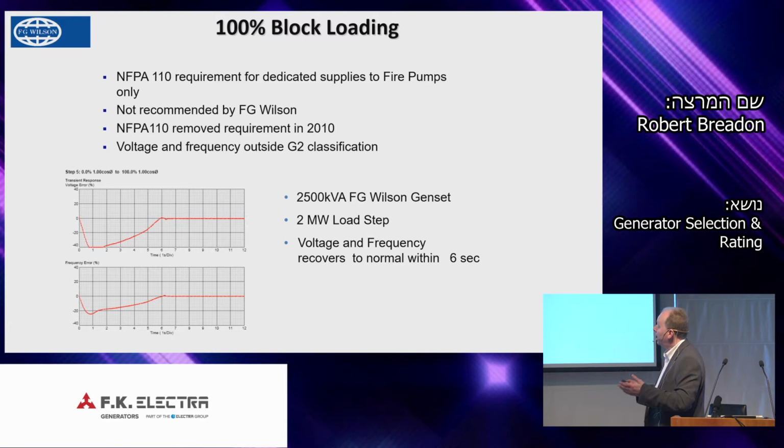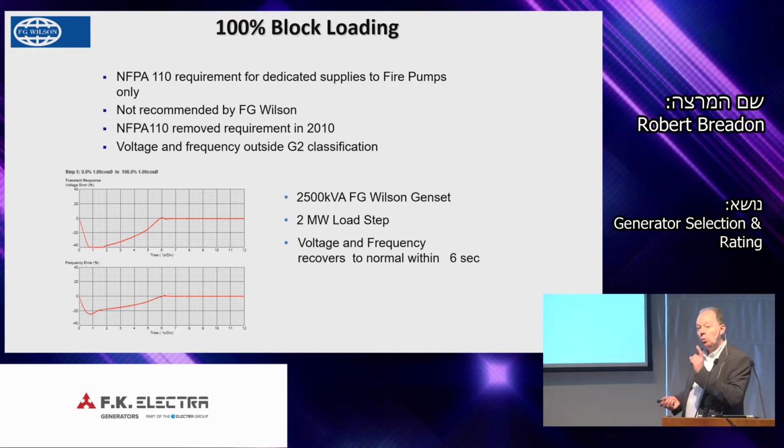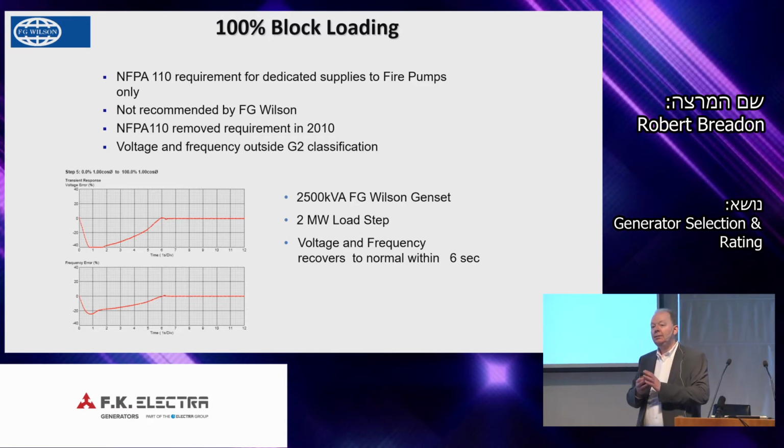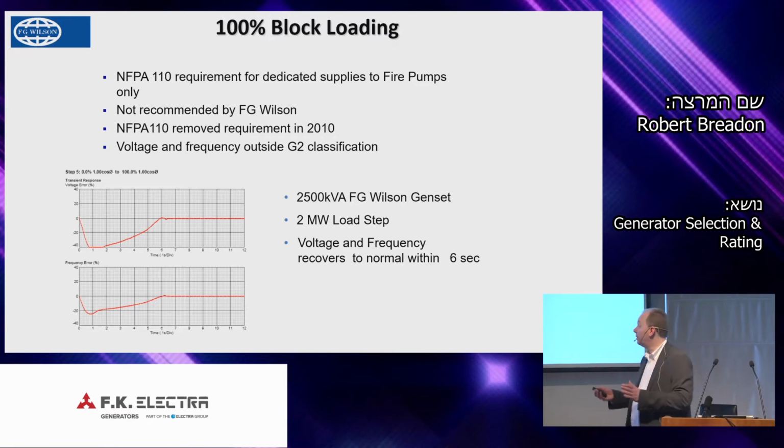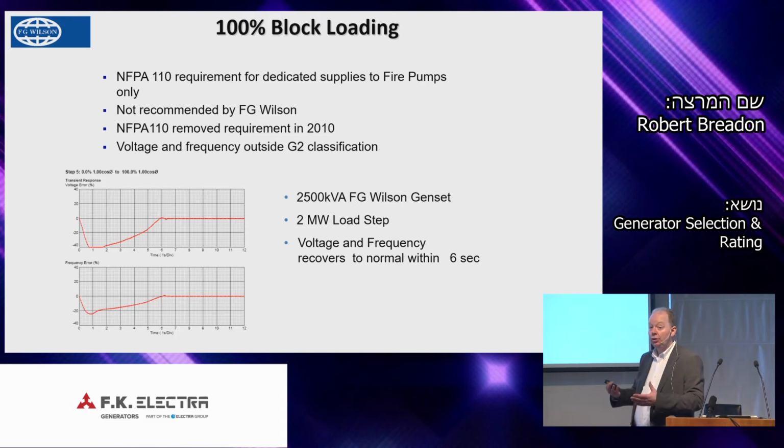But we, of course, can do 100% load step. So in this particular instance, this is a 2.5 MVA machine, and we're placing 2 megawatts of load in one step. Now that is quite amazing, because this engine is typically around 55 to 60% within G2.